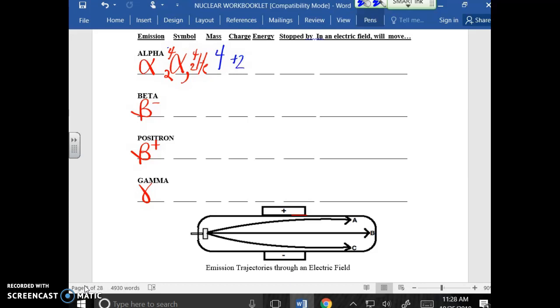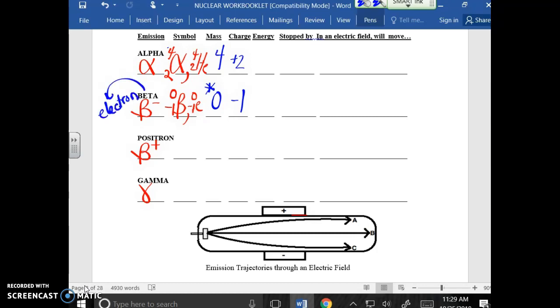The beta particle is written on Table O as having a mass of 0 and a charge of negative 1. It's notated either that way or this way. So, very simply, a mass of 0. Remember, when we say a mass of 0, it means practically 0, relatively 0. There is some mass there, and a charge of negative 1. For this reason, a beta particle is the same exact thing as an electron.